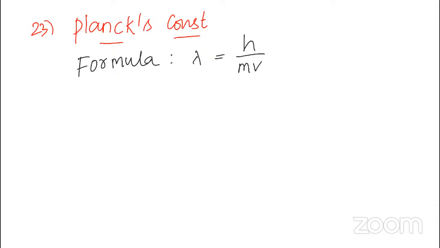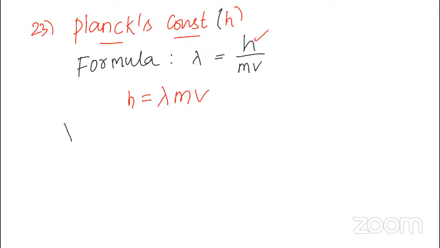Now we want h. Planck constant is denoted by the letter h. So h is equal to lambda into m into v.